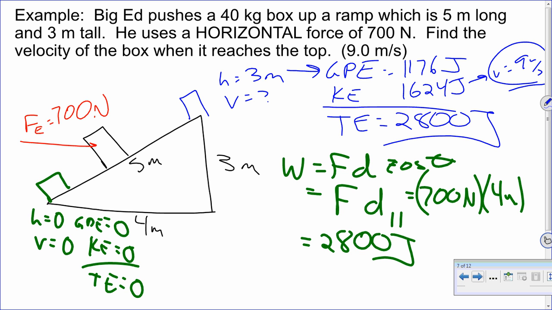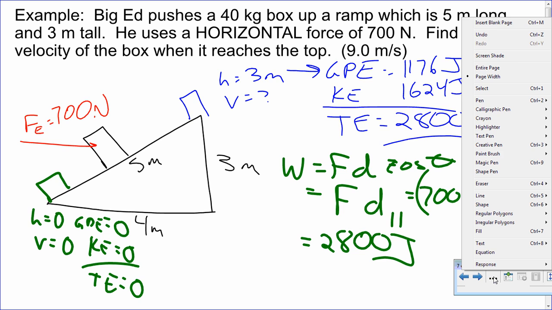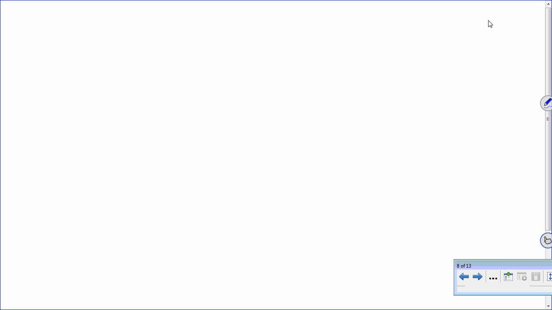So, there's one more example. I don't think we have time to do it. Let me just say this. At the heart of every one of these problems are these two equations. I guess I should put an NC here.